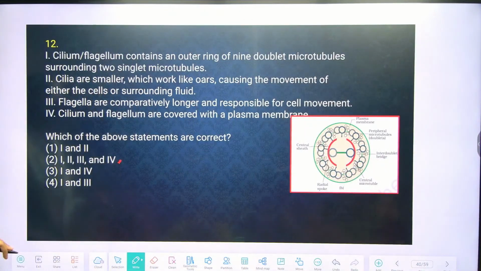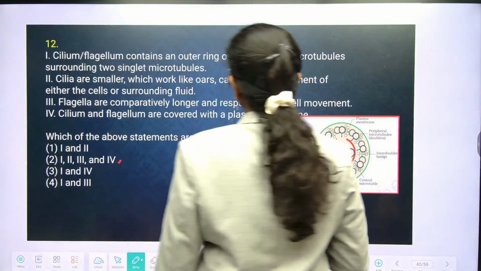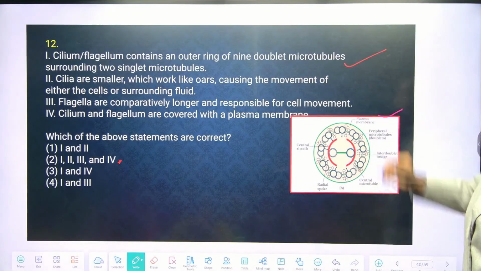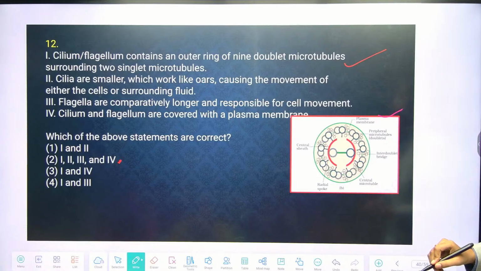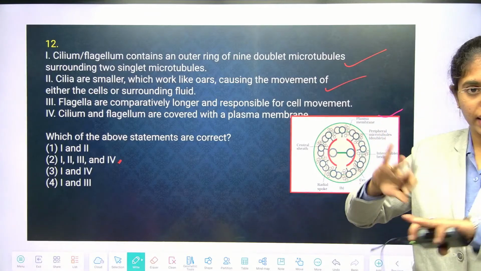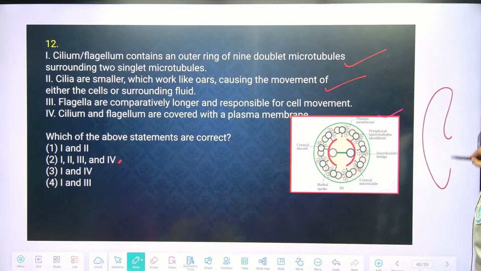Cilium or flagellum, the singular form, contains an outer ring of 9 doublet microtubules surrounding 2 singlet microtubules. Cilia are smaller and work like oars, causing movement of either cells or the surrounding fluid. If you remember the structure of paramecium, it has thousands of cilia.